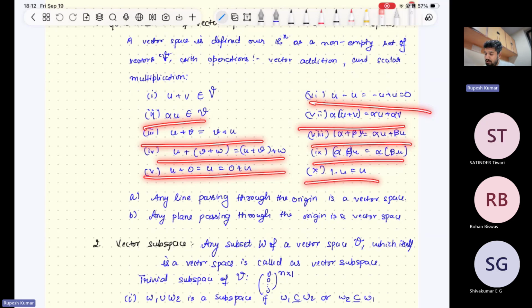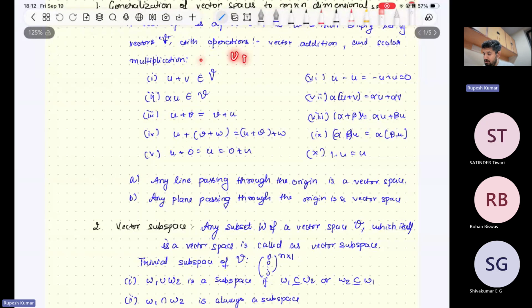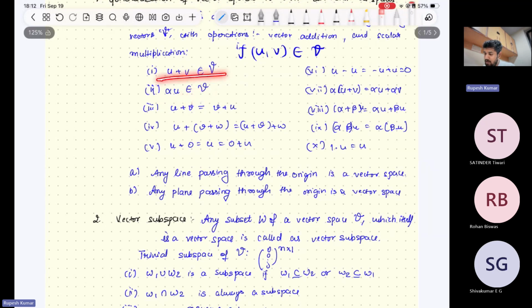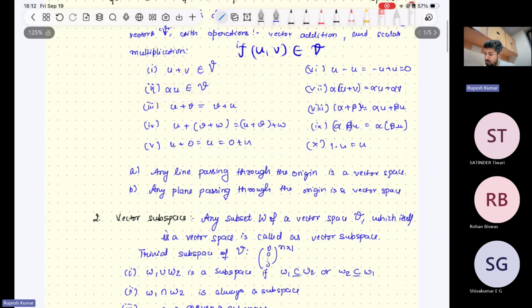Basically, if u and v both belong to the vector space V, then u plus v also belongs to V, and alpha times u, where alpha is a scalar, will also be in V. So it is closed under addition and closed under scalar multiplication.